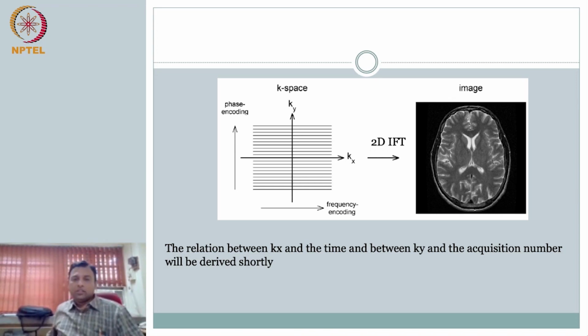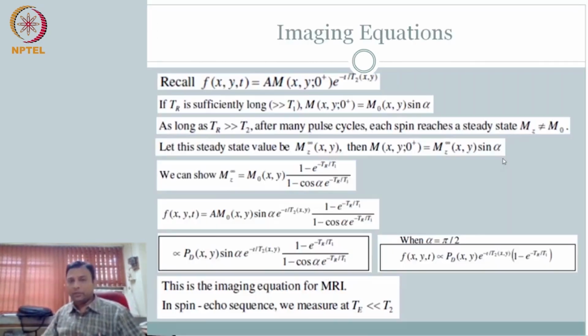Okay. So finally, last slide, what we will do is put every signal, right? We have measured all the signals, we'll put them in the equation, align it up so that we see the signal equation. So imaging equations. We know f of x comma y of t is this guy, some scaling constants, essentially a magnetization vector from x comma y at 0 plus, right, at the start, which is going to decay.